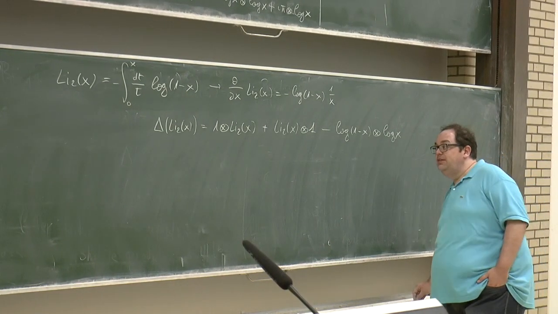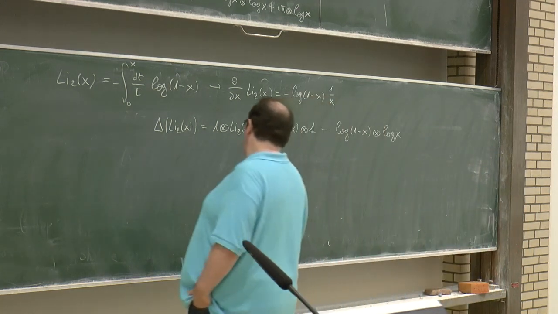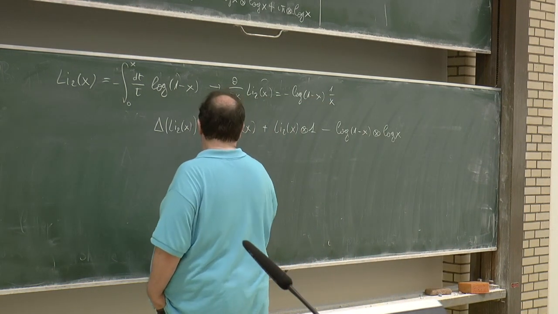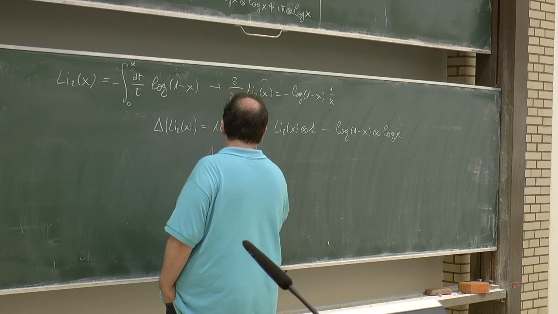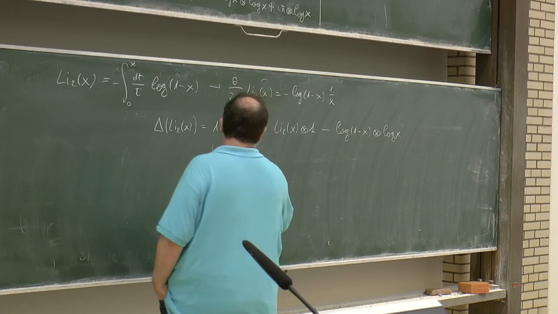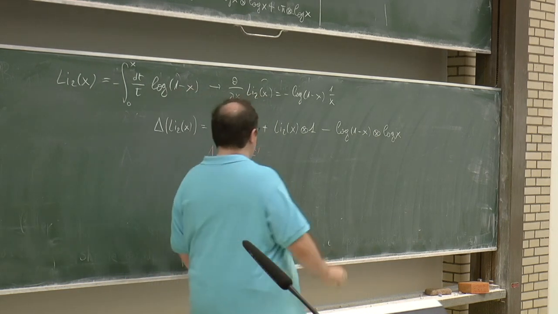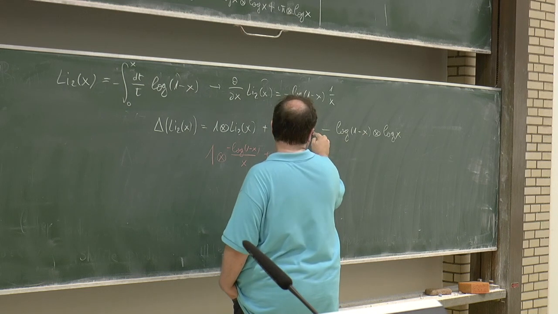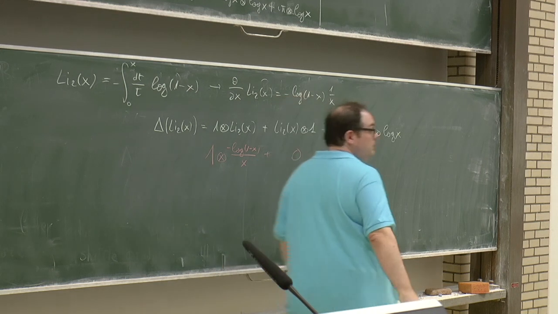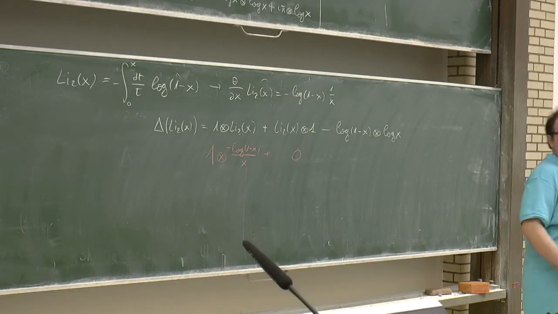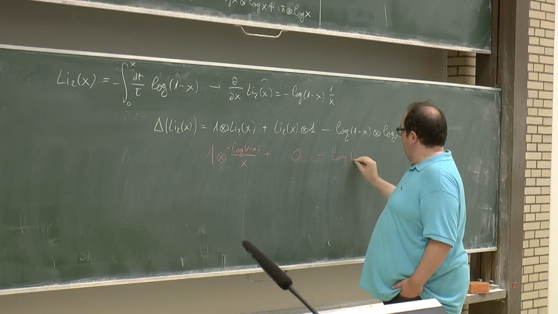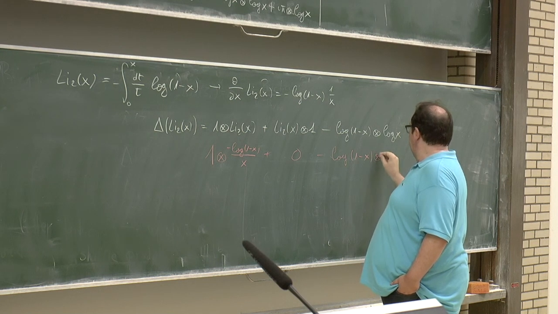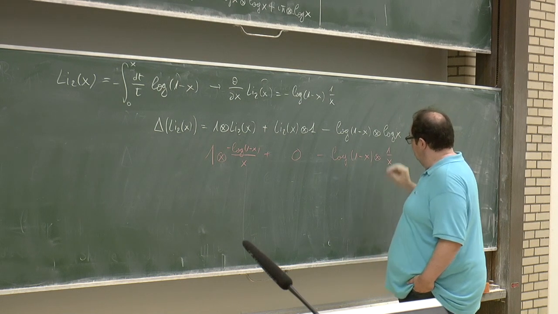If I take the derivative in the second slot, then here the derivative of a log is x divided by x. The next one, the derivative in the second slot gives me 0, because the derivative of 1 is 0. And here I get minus log of 1 minus x, hence the derivative in the second slot gives 1 over x.